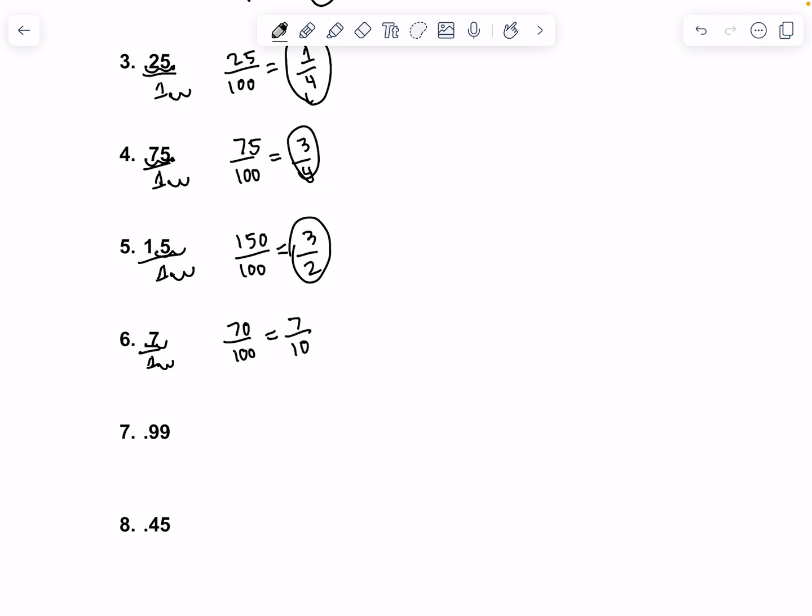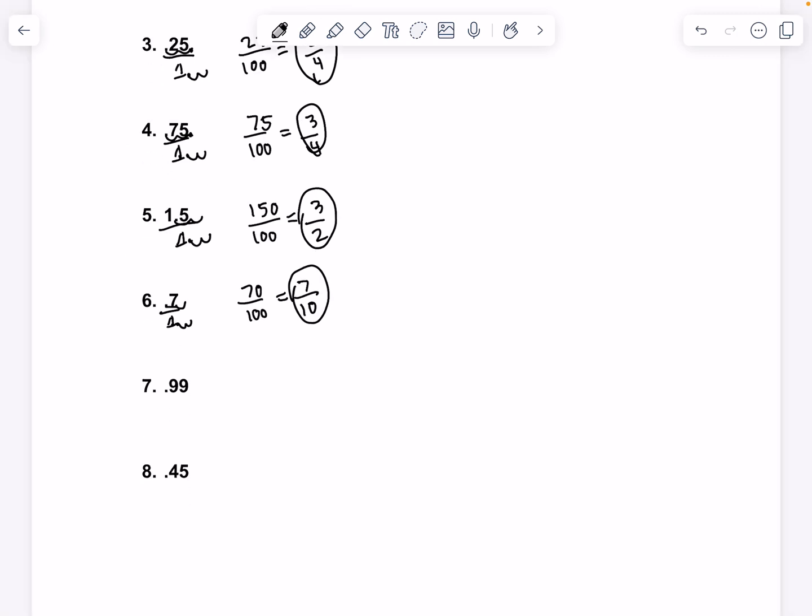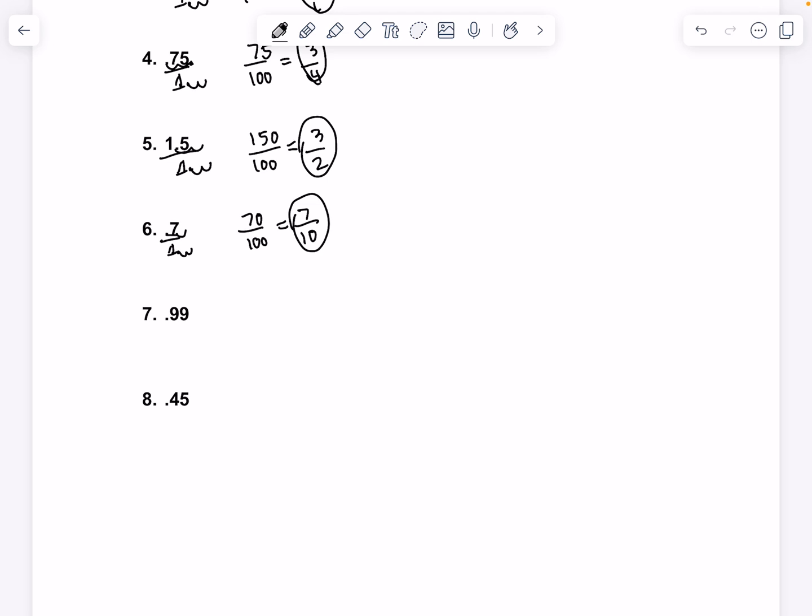So it'll be 7 over 10 as our simplified fraction. Then 0.99 over 1. We move the decimal place 2 over, so that'll be 99, and then move it 2 over, so it'll be 99 over 100, which is not simplifiable anymore. This means 99 over 100 is just our final answer.